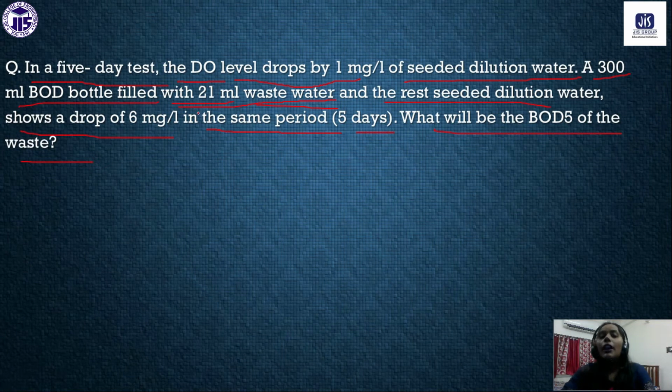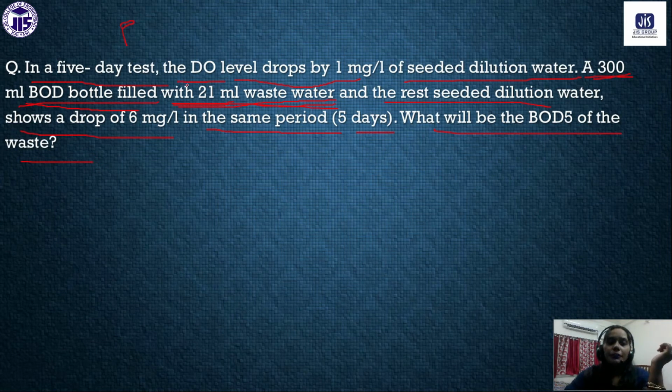That is your volume of wastewater. From this clue you can get the value of P. Can you remember the P value? Yes, the dilution factor. From this data you can calculate the value of P.